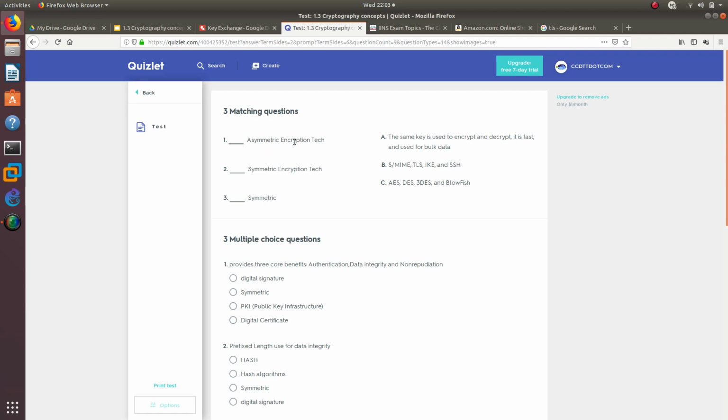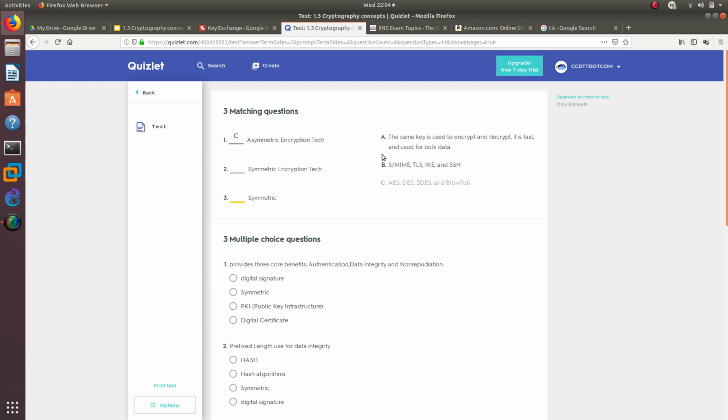So asymmetric encryption technologies, what are those? The asymmetric encryption technologies are, let's see, TLS, IKE, and SSH. So let's go ahead and do this one, B. Symmetric, actually, this is a C. Okay, the same key is used to encrypt and decrypt, and it is fast and used for bulk data.